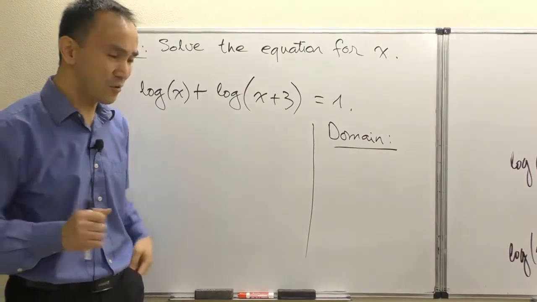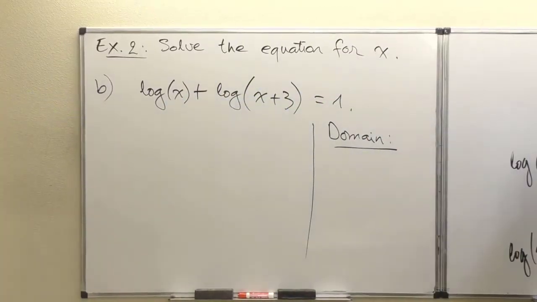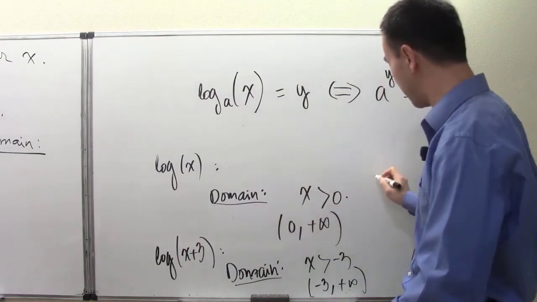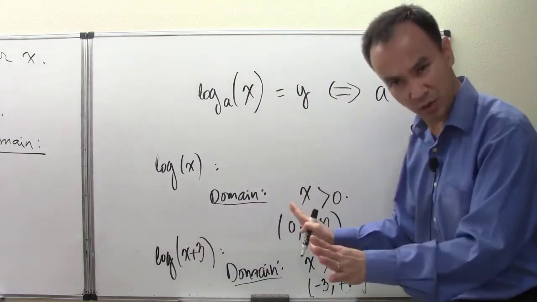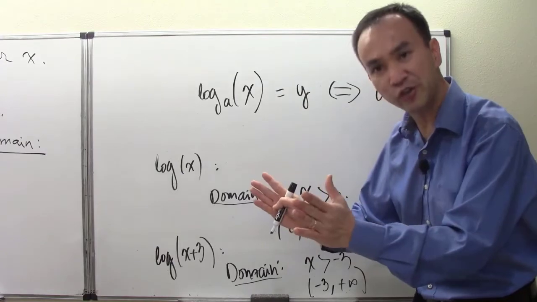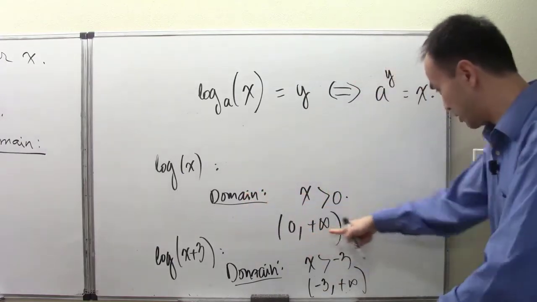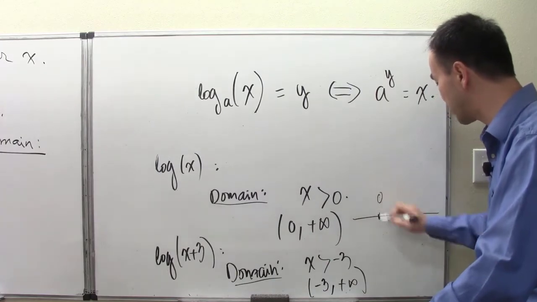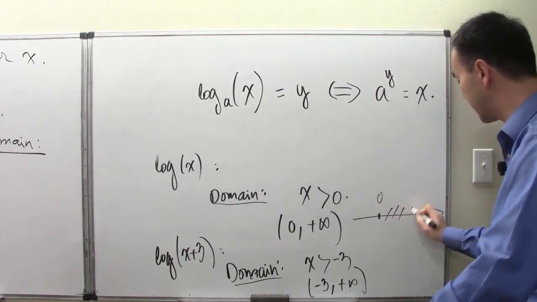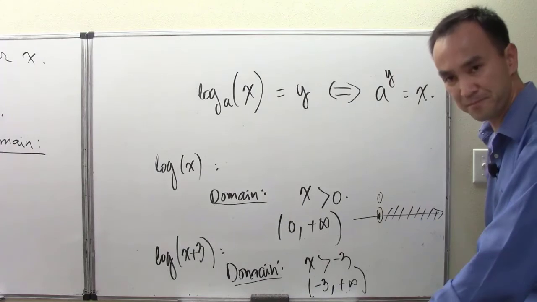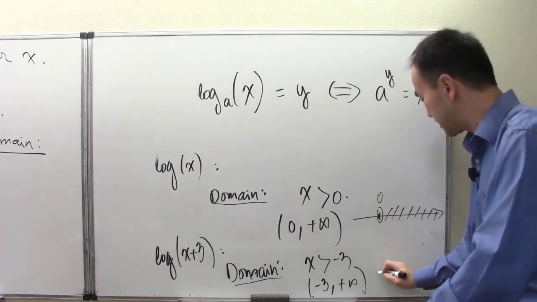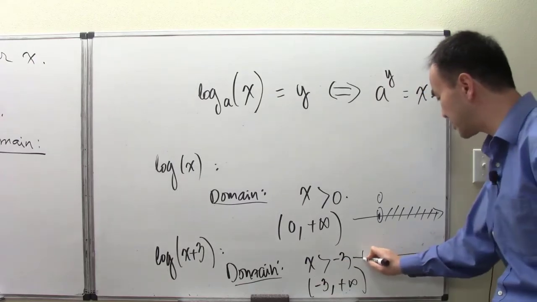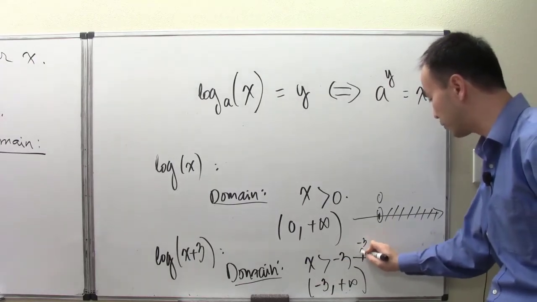In that way, a visual illustration would make it better. This interval is anywhere between 0 and infinity, and we are not including 0. This other interval, on the number line, is anywhere above negative 3, not including negative 3.